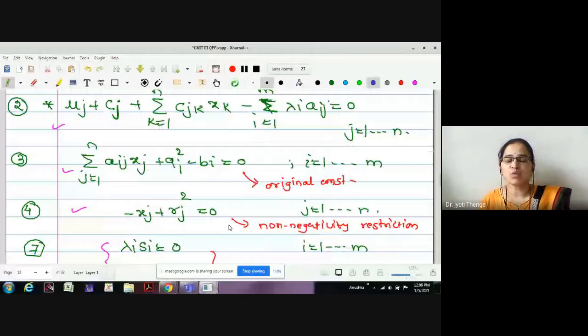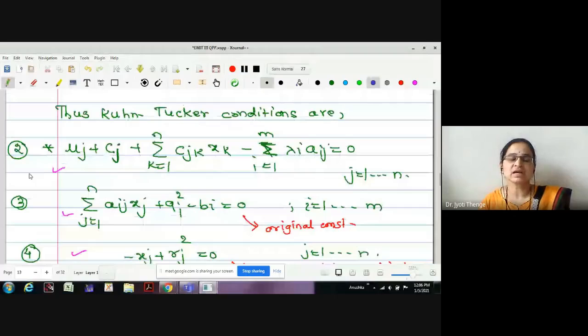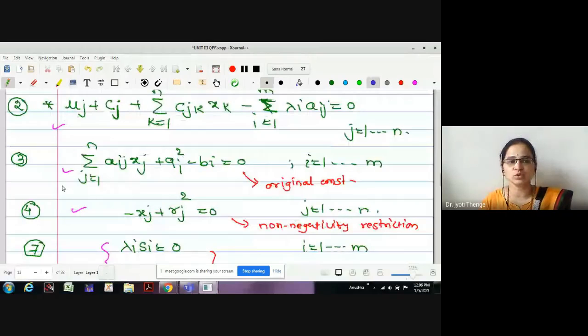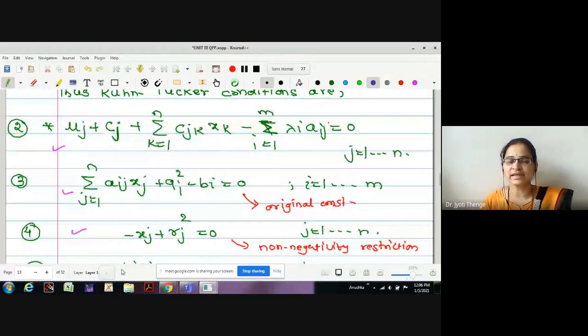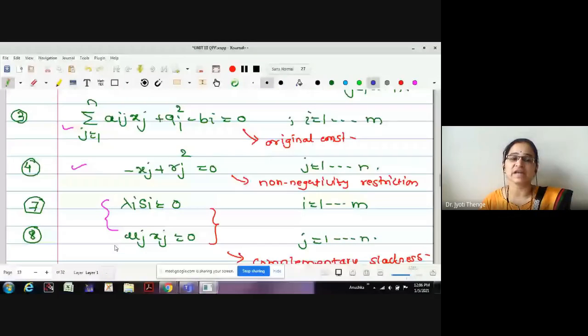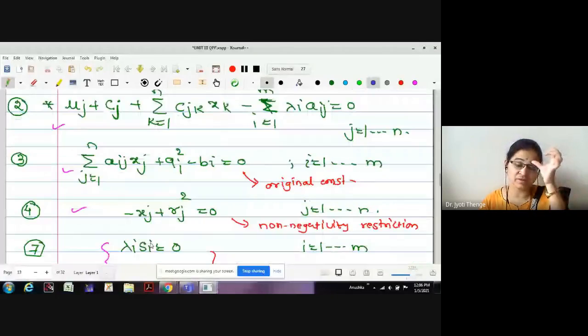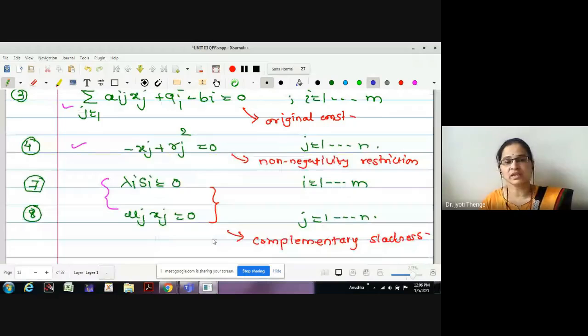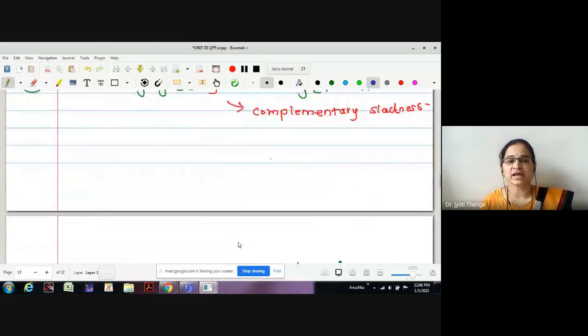We will solve the linear equations generated by 2, 3, 4, subject to conditions 7 and 8 being satisfied. Conditions 7 and 8, which are non-linear equations in the variables lambda, mu, s and x, are called the complementary slackness conditions.